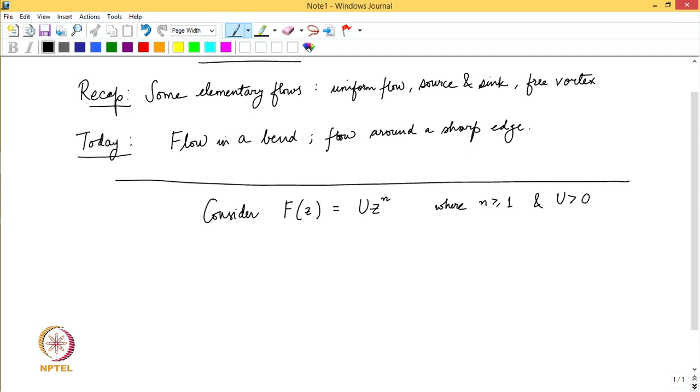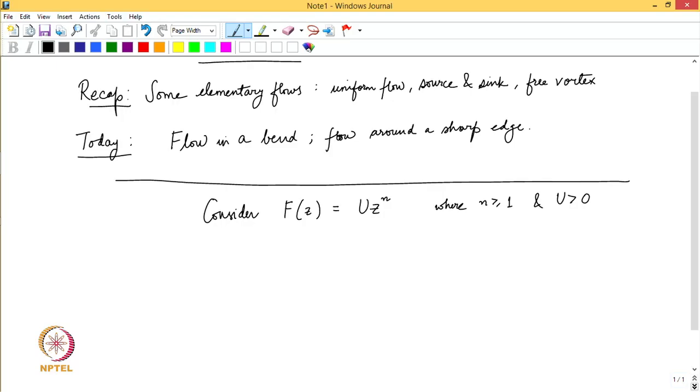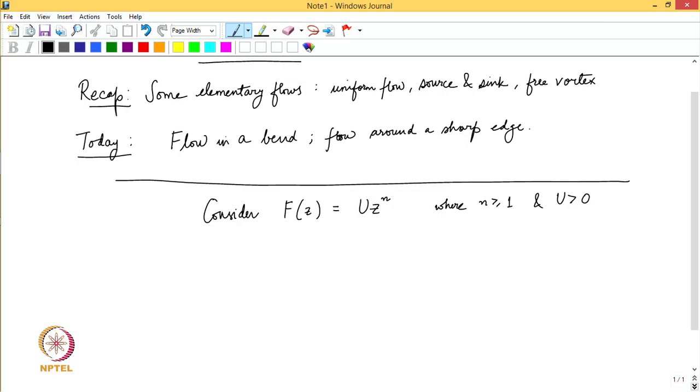So, let me now explain, and I hope that the pattern is now developing on how we would tackle problems in this course. Let us say we want to derive the particular scenario to which this complex potential is valid, and also the velocity field corresponding to this complex potential.